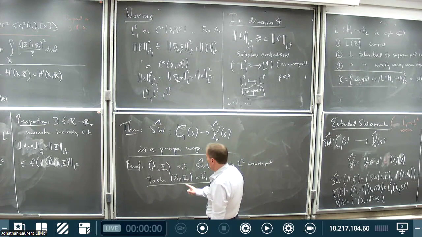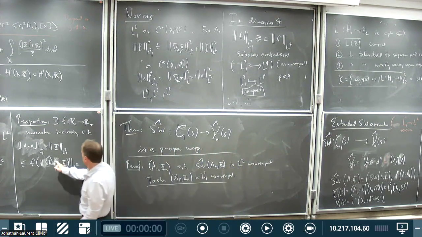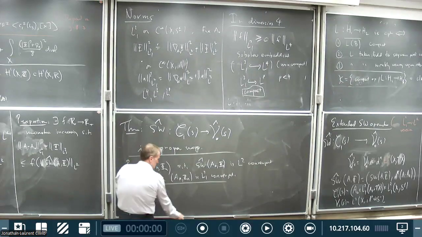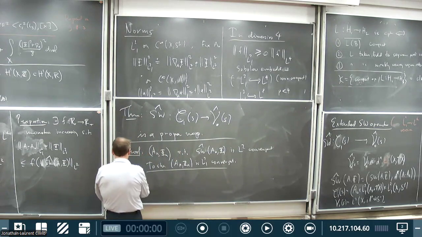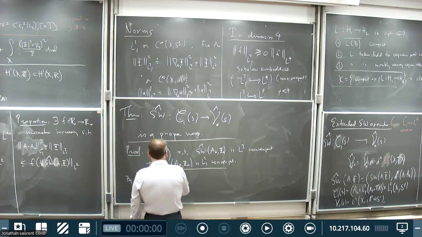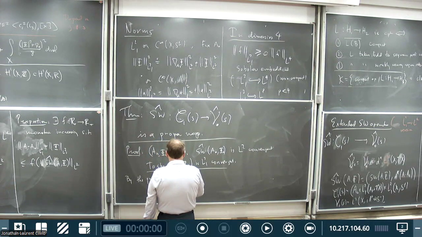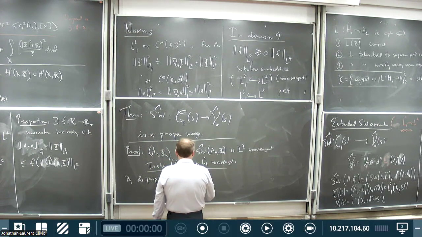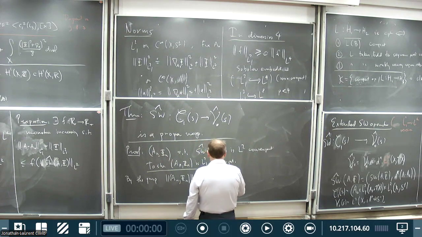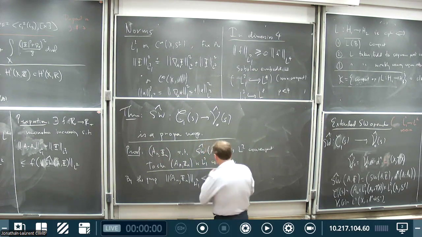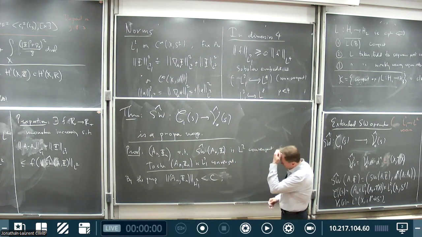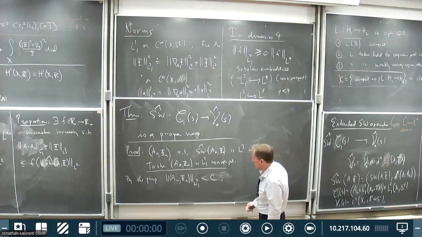Okay, well, the first observation using this proposition is that it's less than or equal to some constant that depends on the L2 norm of the sequence.